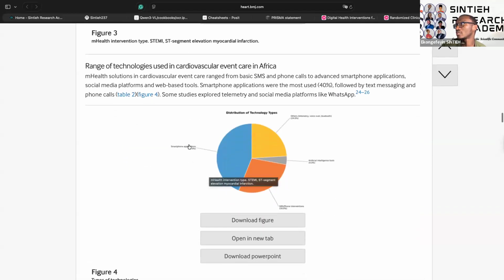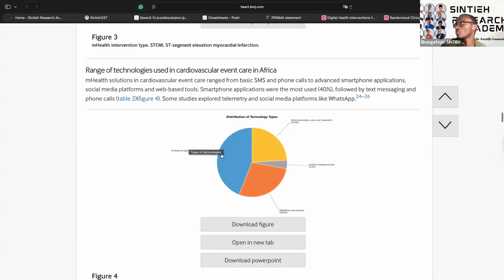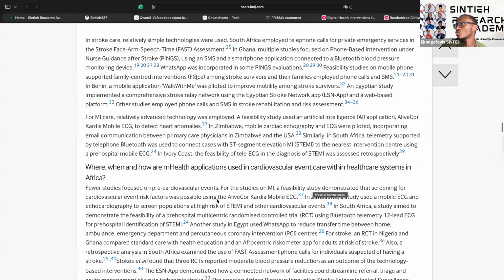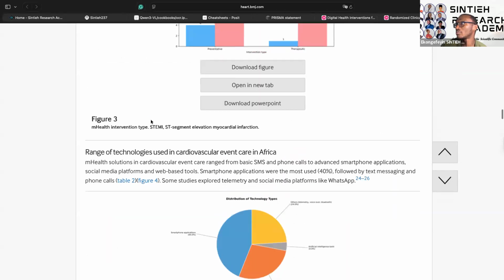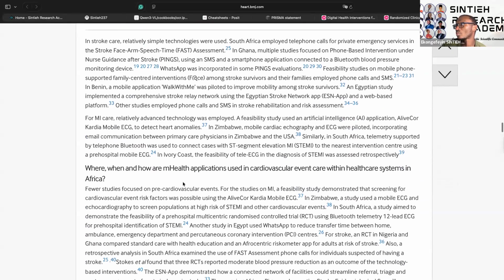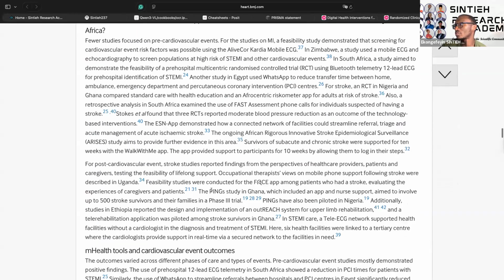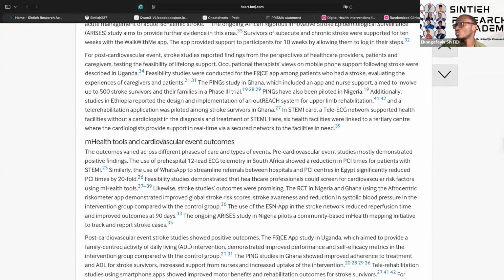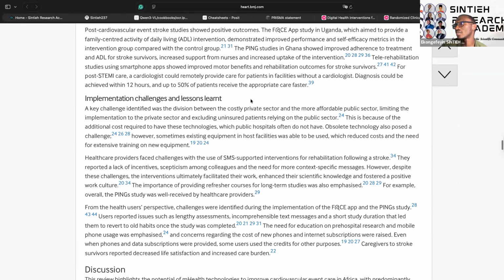We also looked at the distribution of what type of technologies were being used in cardiovascular event care. So again, here it's not study by study, but we have particular themes or questions to answer. Range of technologies used; where, when, and how mHealth is applied in cardiovascular events in health systems in Africa; mHealth tools and their outcomes; and then implementation challenges and lessons learned.